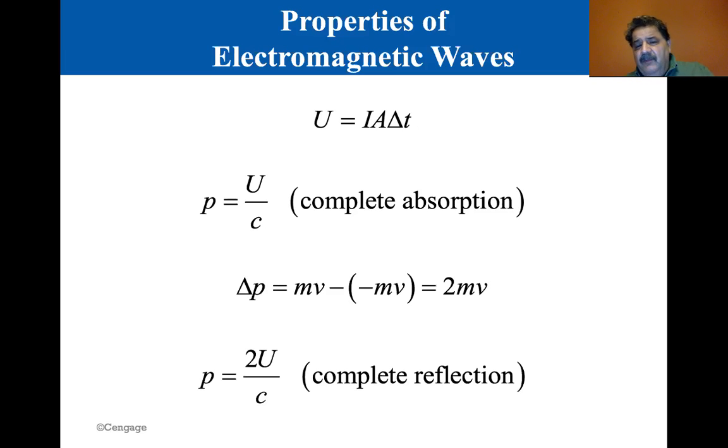So if you have complete reflection of the electromagnetic wave, the momentum is now 2U over c. So it's complete reflection. You get that same doubling. So there we go.